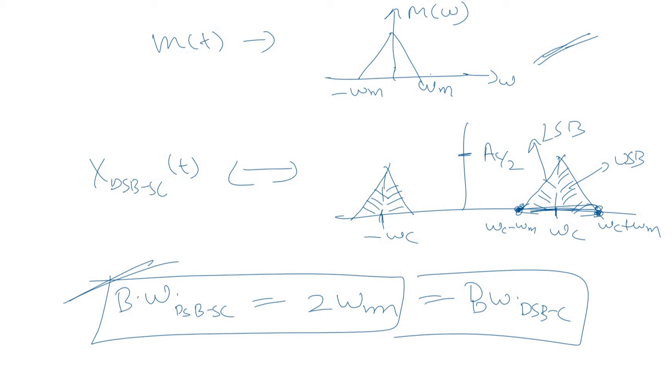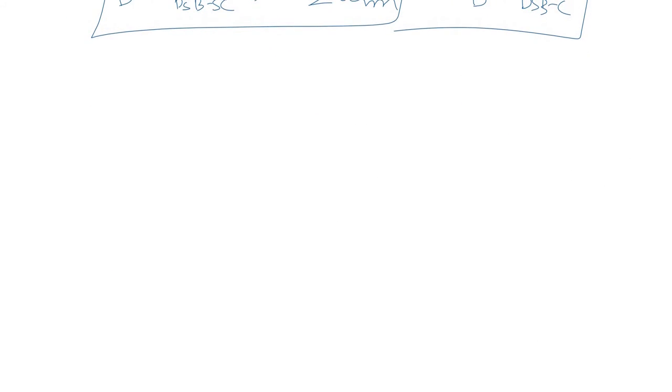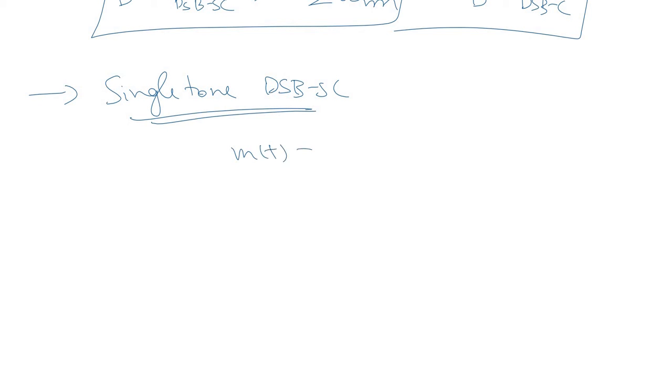Now assuming a single tone type of modulation system, by single tone we mean that the message signal consists of only a single frequency component. Let us assume that m(t) is also a sinusoidal signal, that is Am cos omega m t, and c(t) is your carrier signal, which is a high frequency signal, that is Ac cos omega c t.